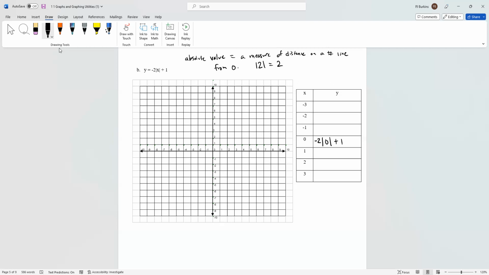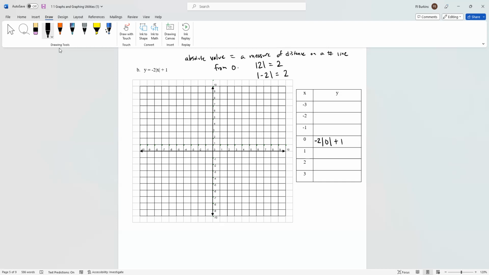It's 2 units away from 0. And the absolute value of -2 is also 2 because it's 2 units away from 0. It's just the measure of distance. It doesn't care whether it's to the left or to the right. So another way to think of absolute value is it always gives you a positive value back. No matter what you plug in, you get positive.